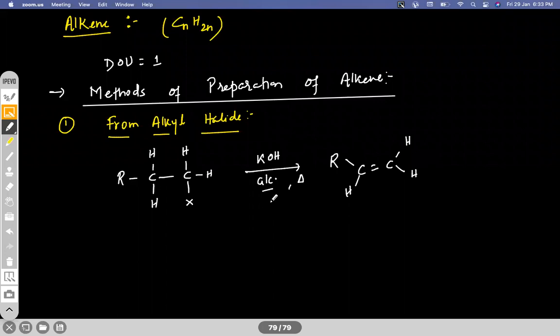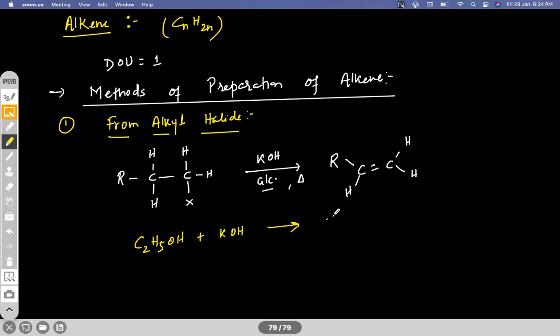How does this reaction happen? You have alcoholic KOH, meaning you are taking an alcohol, for example C2H5OH, and the base KOH. Alcohol has acidic hydrogen, H plus here. This is OH minus.